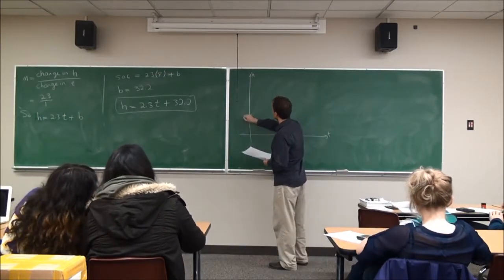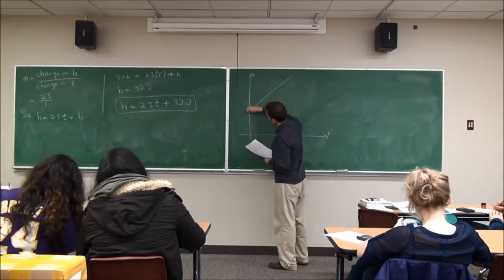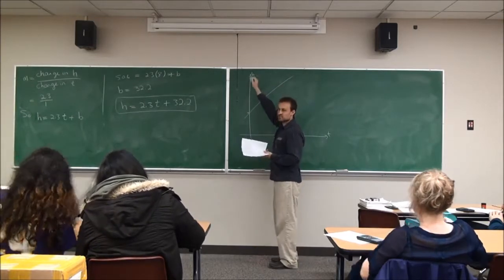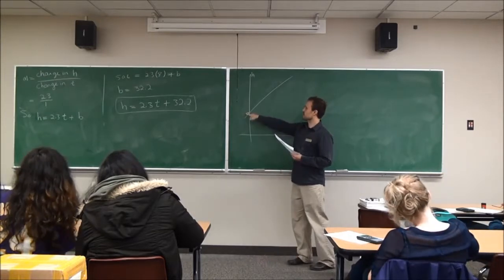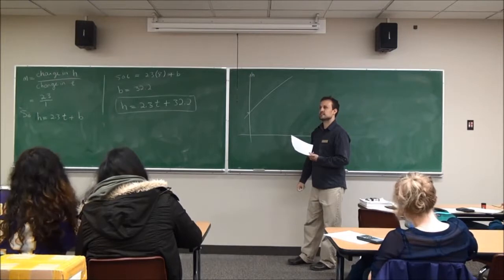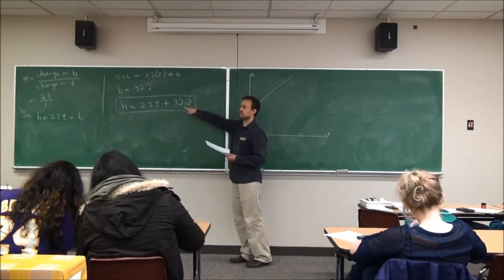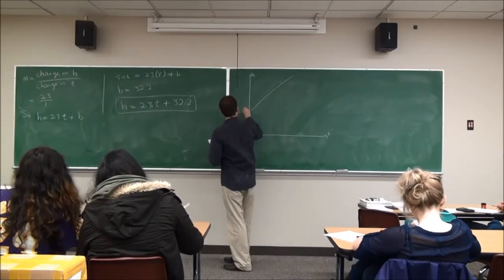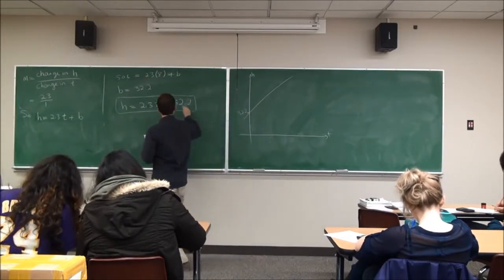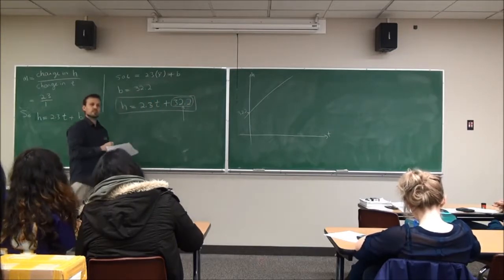If I sketch this line, something like that, positive slope, what is this y-intercept or h-intercept? What is this value here where it intersects the vertical axis? It's 32.2. So how do I interpret this 32.2 in terms of my question, my setting?